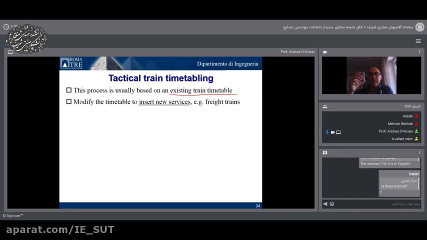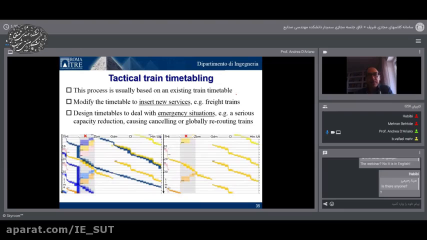So the trains can run in a dedicated time and space path with no conflicts.